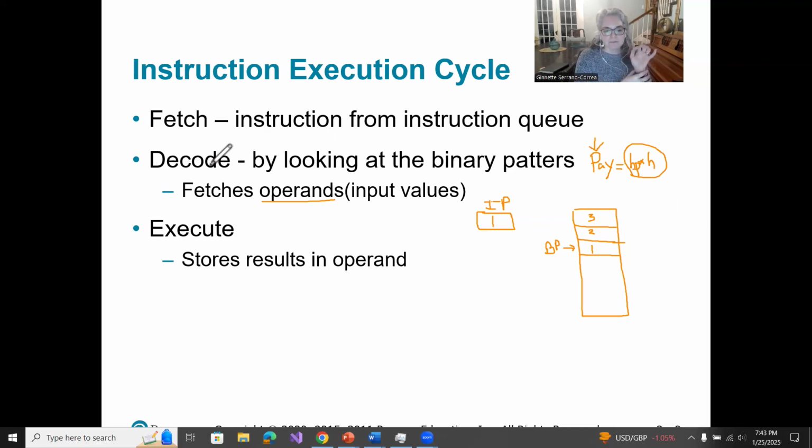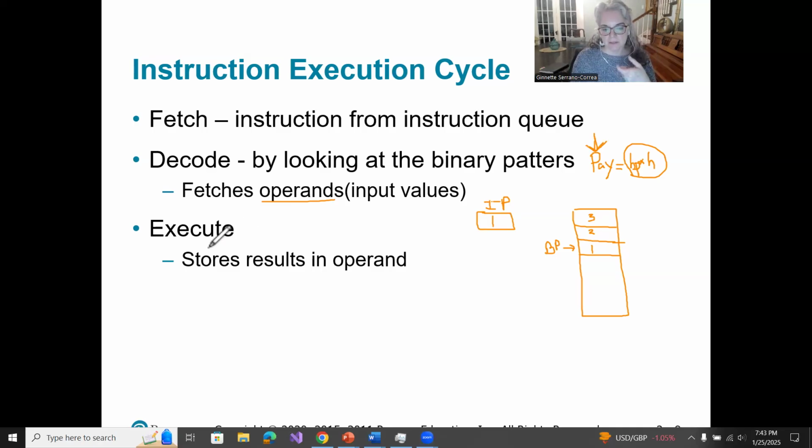And then at this point, it executes the instruction. And so it takes the 2 input values, does the calculations, and stores the result into pay.